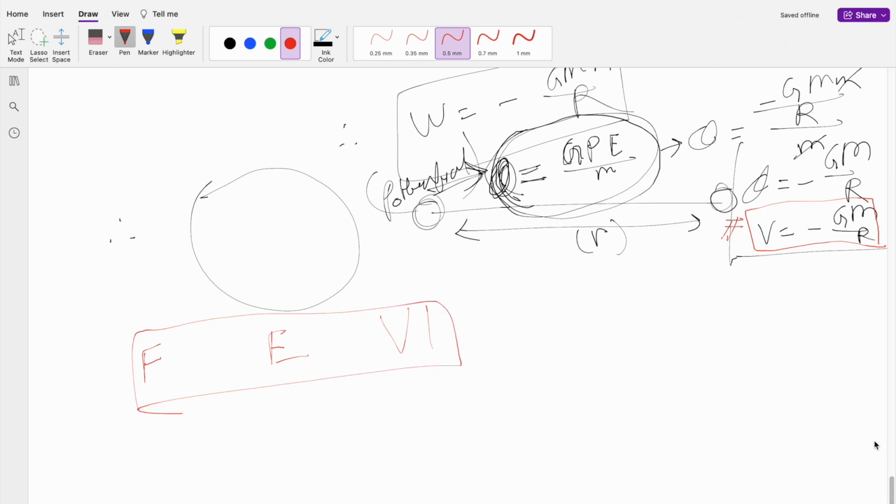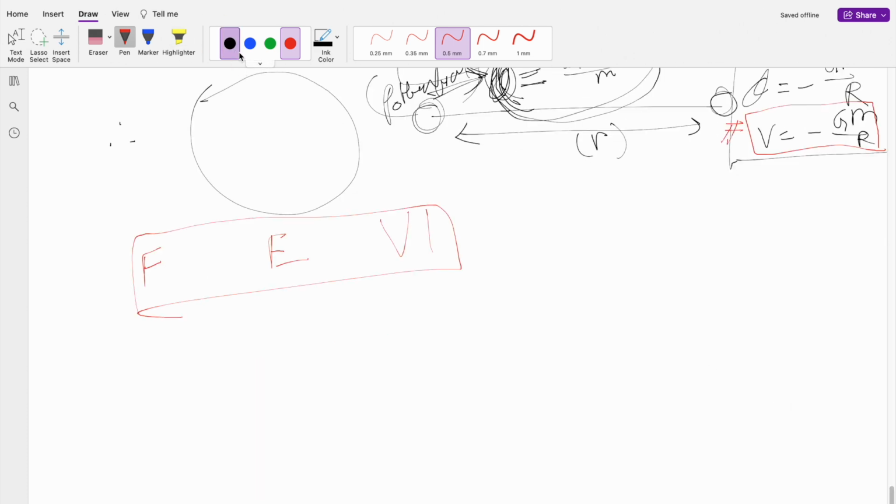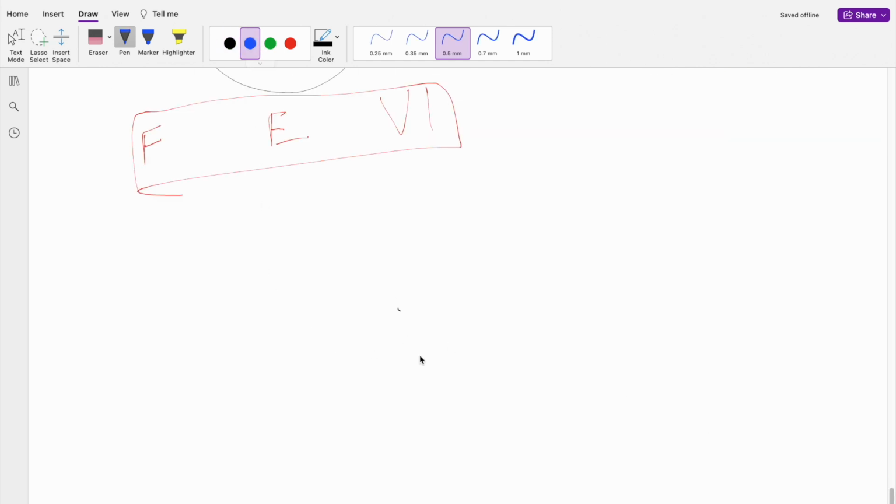Now we have to shift totally from quantum mechanics to gravitation. Think of the earth. It has a center and a radius, and there's an object.